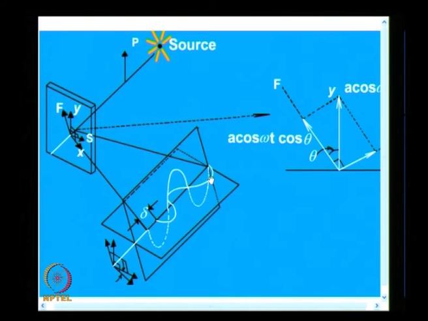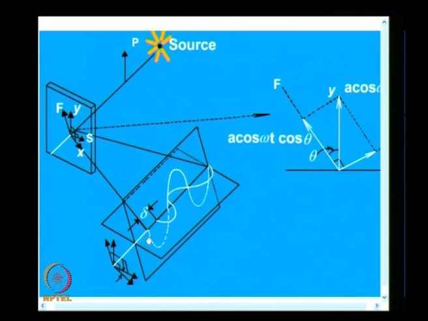So, what happens is, you know that when light enters the crystal, it splits into 2 rays, and because it is perpendicular to the optic axis, they travel the same direction, but the plane of vibration is mutually perpendicular. You have one plane like this, you have another plane like this, and you have a wave that travels like this.